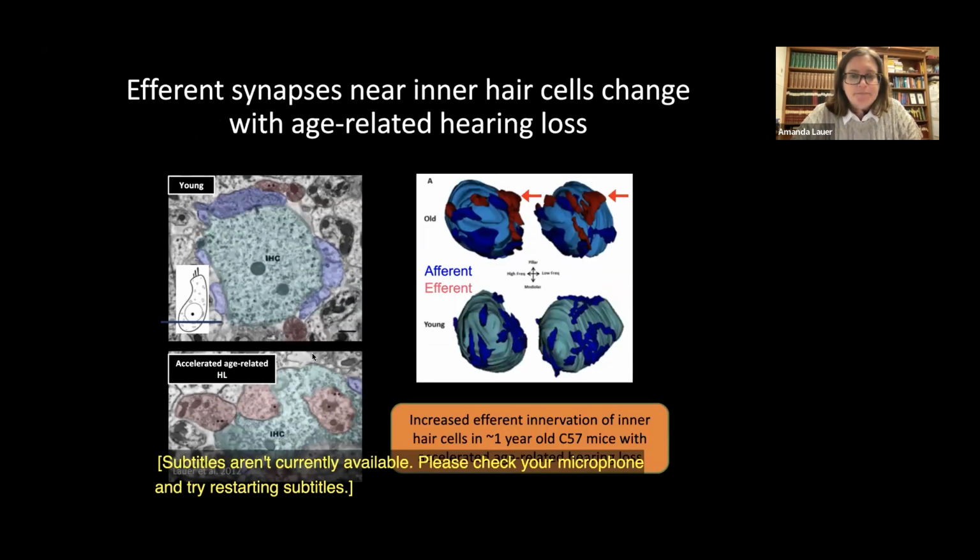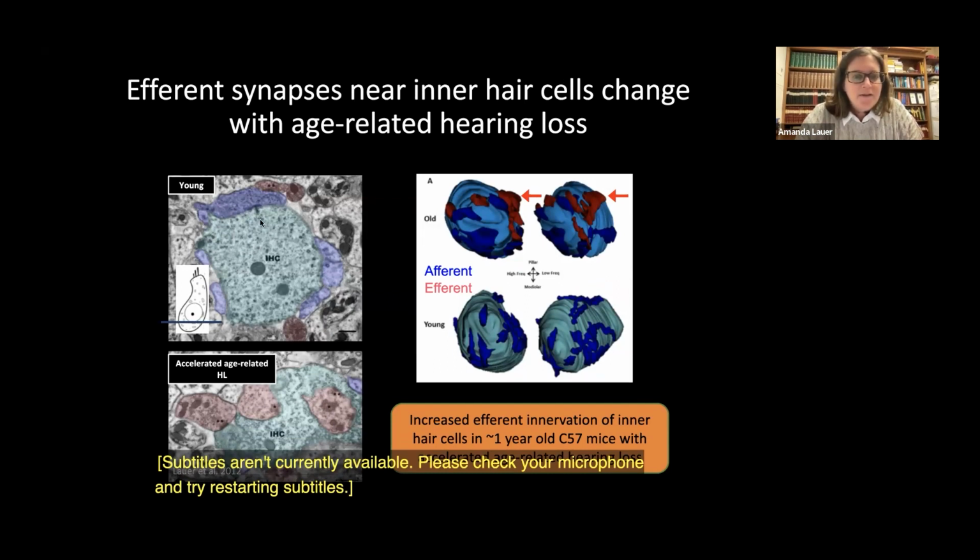Right. So to make the situation just a little bit more complicated, we're not just losing things in the cochlea. With age, it turns out we are actually gaining some efferent synapses on the inner hair cells. So this is a transmission electron micrograph cross-section through the base of an inner hair cell.